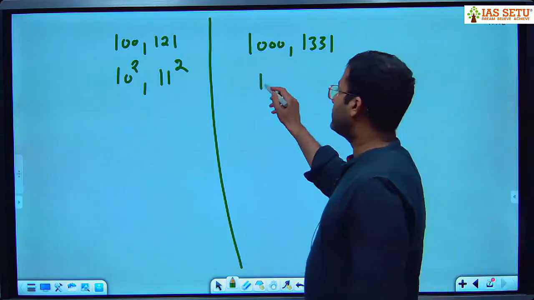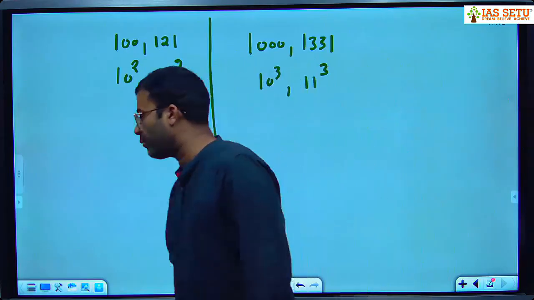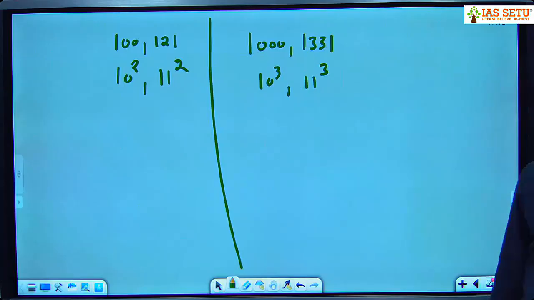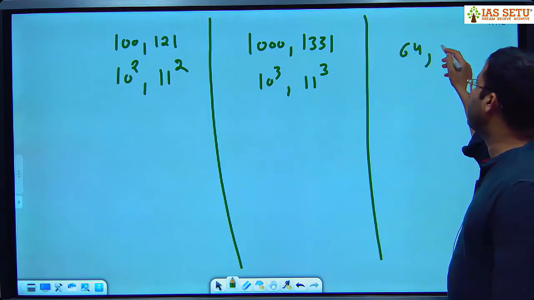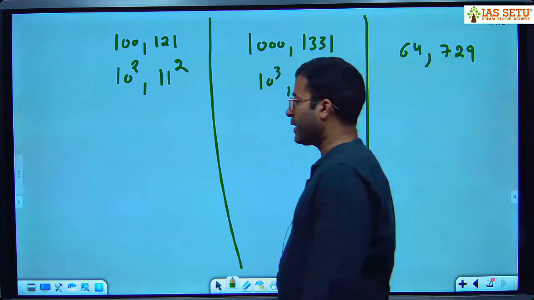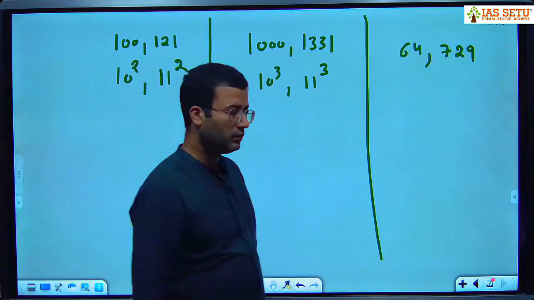Now this is 10 cube, this is 11 cube, 10 and 11 are co-prime, so 10 cube and 11 cube have to be co-prime. Like if I ask you check 64 and 729, are these co-prime, yes or no?